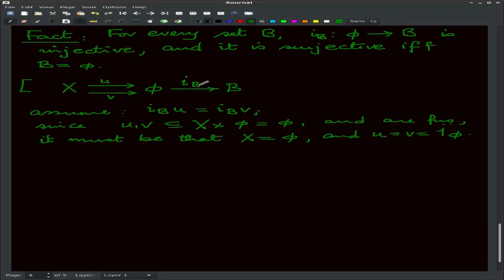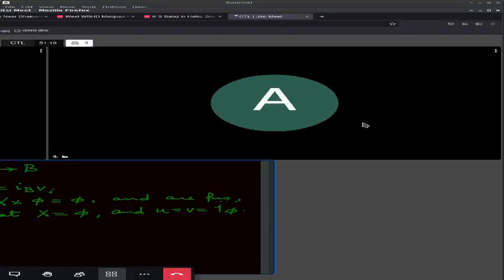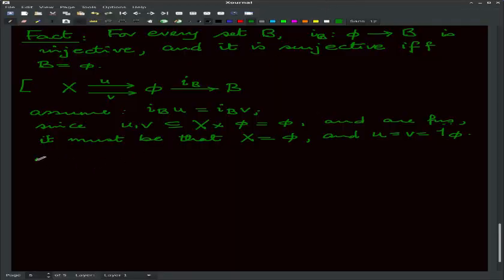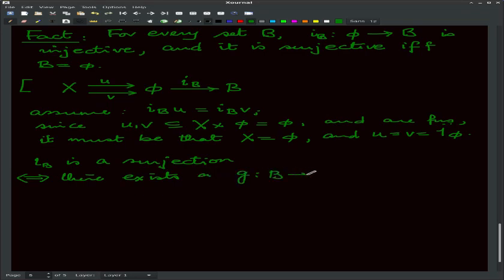And when you are saying that it is a surjection, if IB is a surjection if and only if, every surjection has a right inverse, there exists a function G such that IB composed G is identity of B.